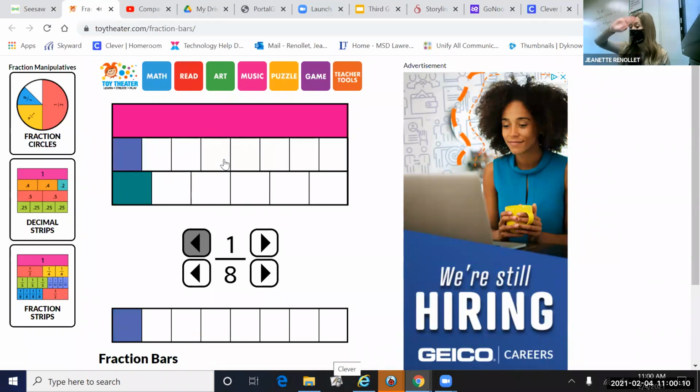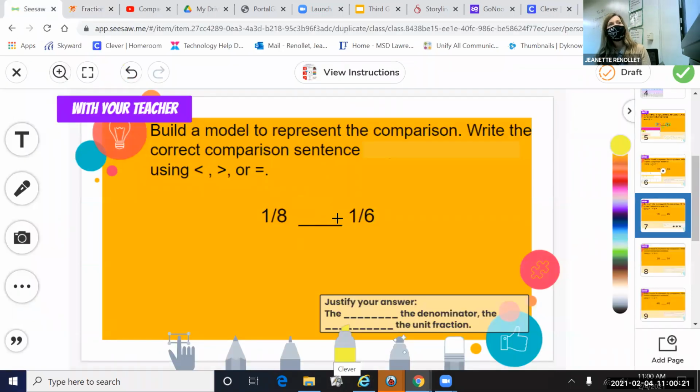I have used 1 whole, 1/8, and 1/6. I want you to build it. And then I want you to use your symbol and show me which fraction is greater. Is it 1/8 or 1/6? Tell me your response on page 7. Then we'll go over our answers together. You have 1 minute to work on number 7. You may begin.